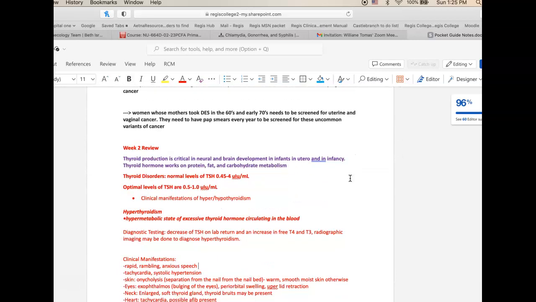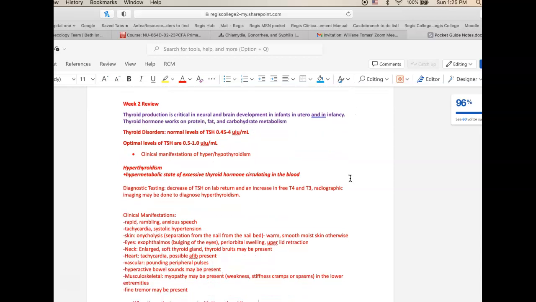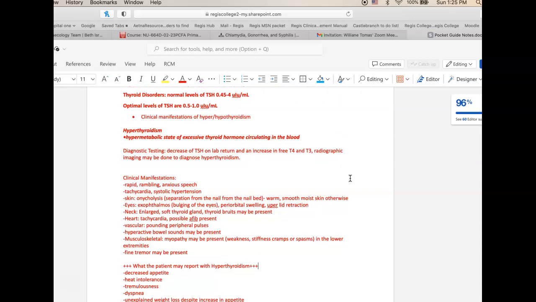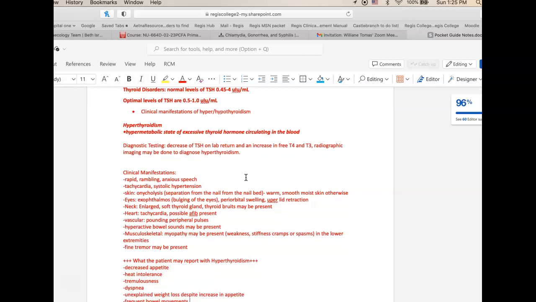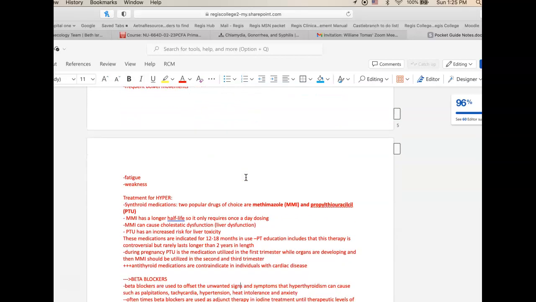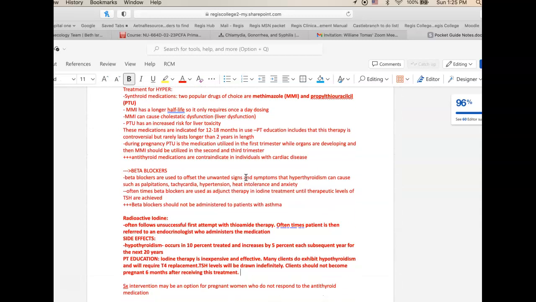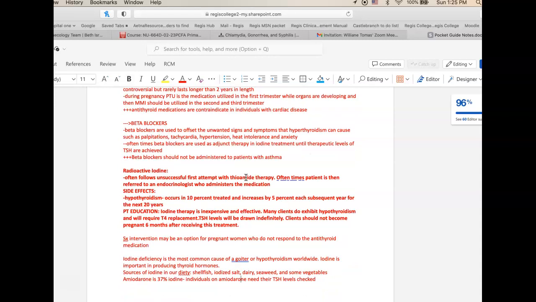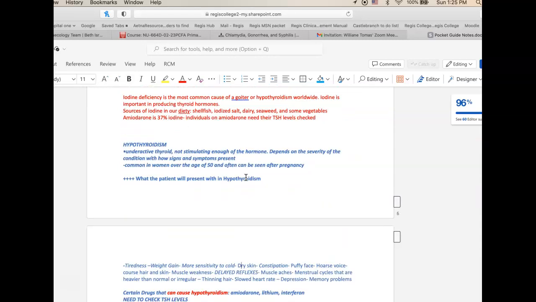Week 2, we focused in on thyroid. I included hypothyroidism, what to expect in terms of signs and symptoms, levels to be aware of. And then treatments for hyperthyroidism, what that might look like. I included that as well.